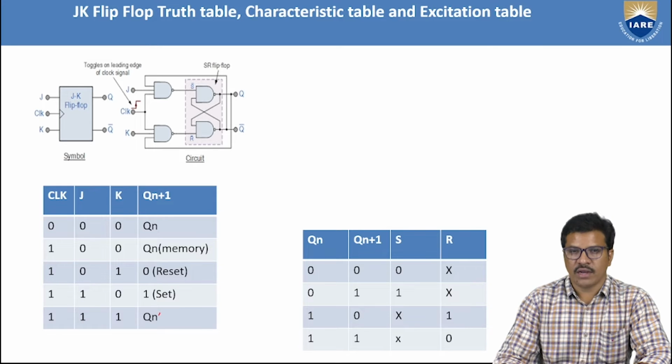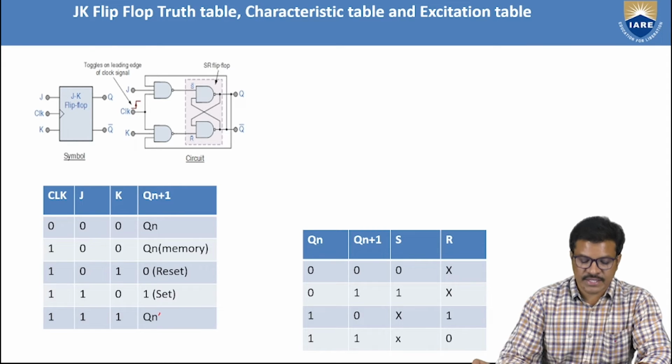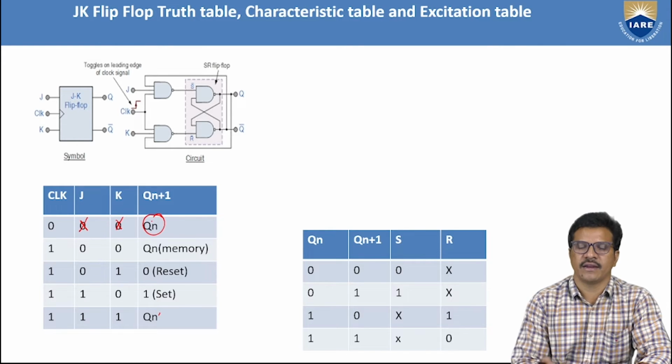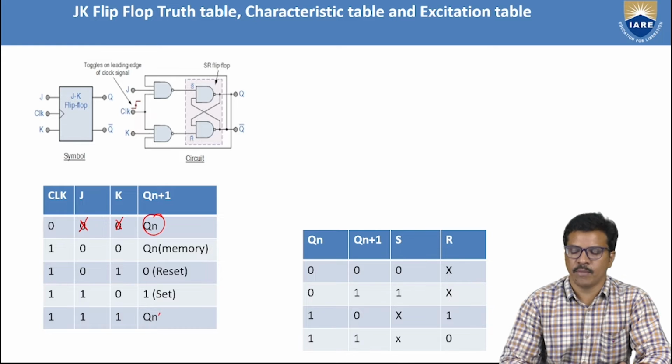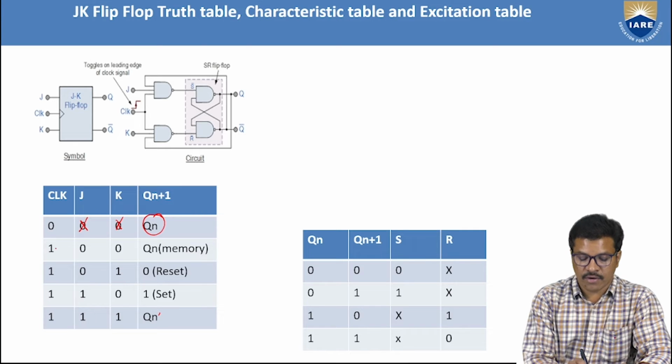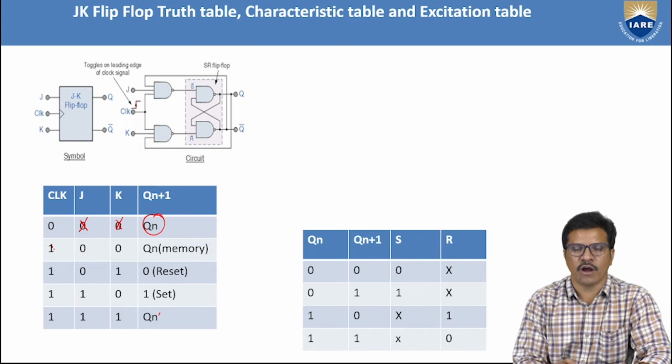And then the simple representation of the truth table for the JK flip-flop is: when clock is 0, irrespective of J and K, it stays in the same state, like an idle mode, and it won't change any states. And when clock is high, we can have 4 combinations.